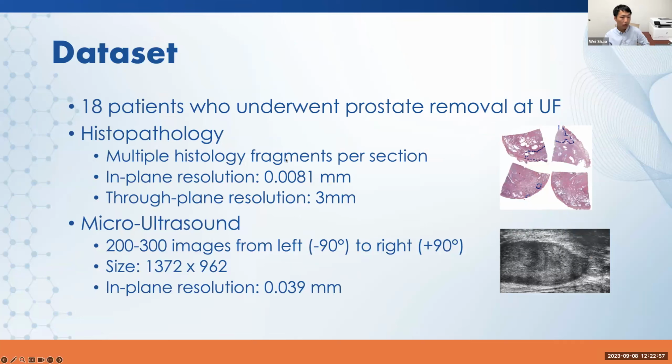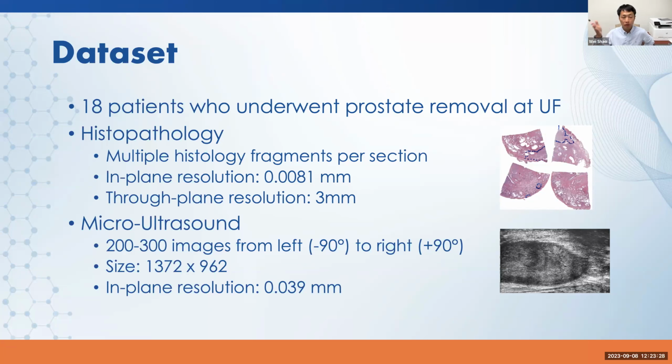So for the dataset, since this is kind of a proof of concept, the first paper to do such a registration, we have a relatively small dataset. We only have 18 patients who underwent radical prostatectomy, so we remove the prostate surgically. Those patients are from UF. For the histopathology data, as I mentioned, the prostate section is too big to fit into one single glass slide.